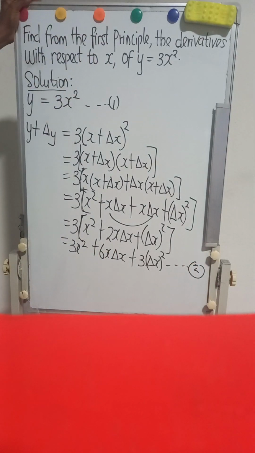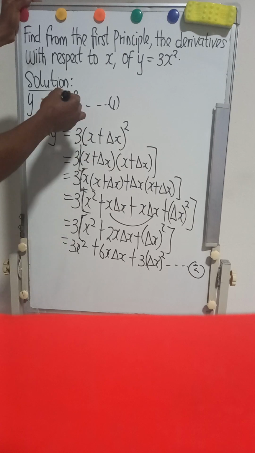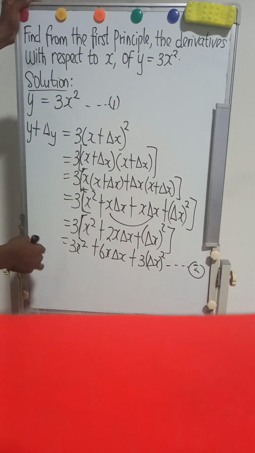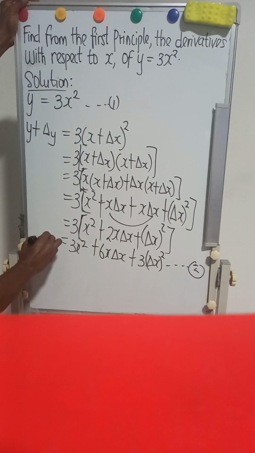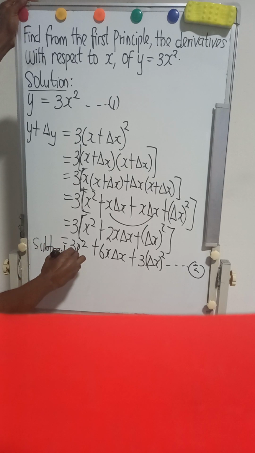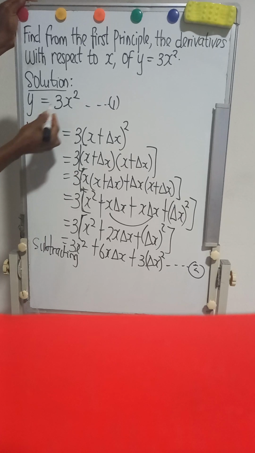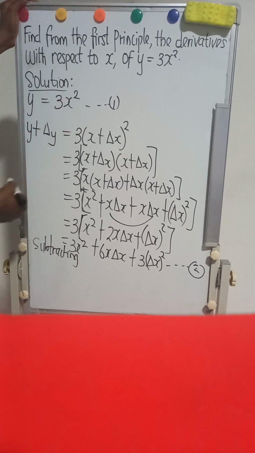Now, subtract equation 1 from equation 2. So we subtract y from the left hand side and subtract 3x squared from the right hand side.